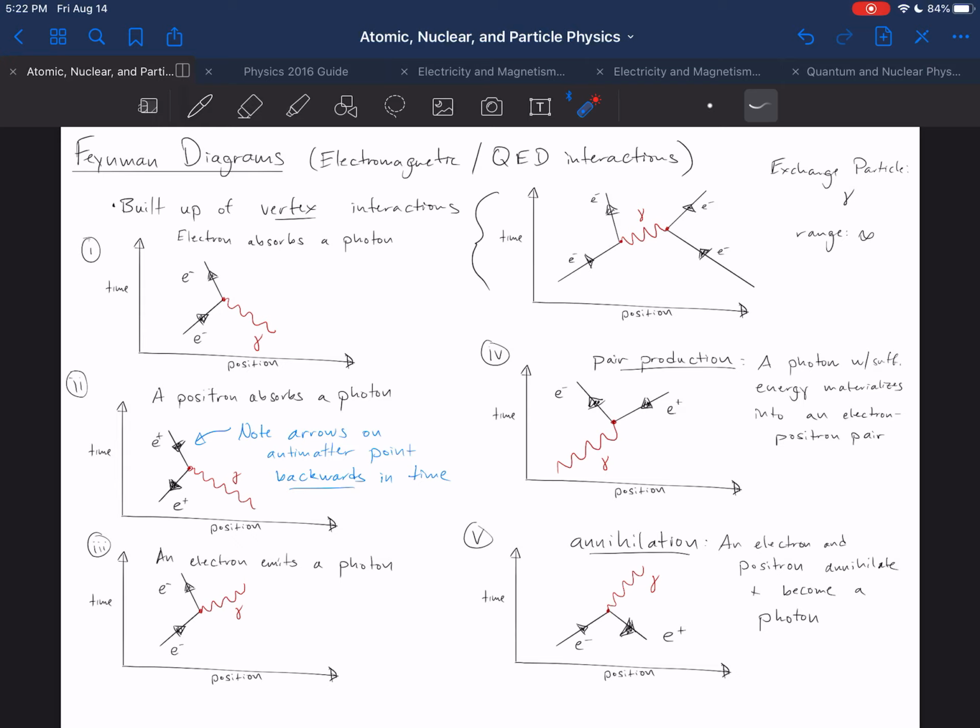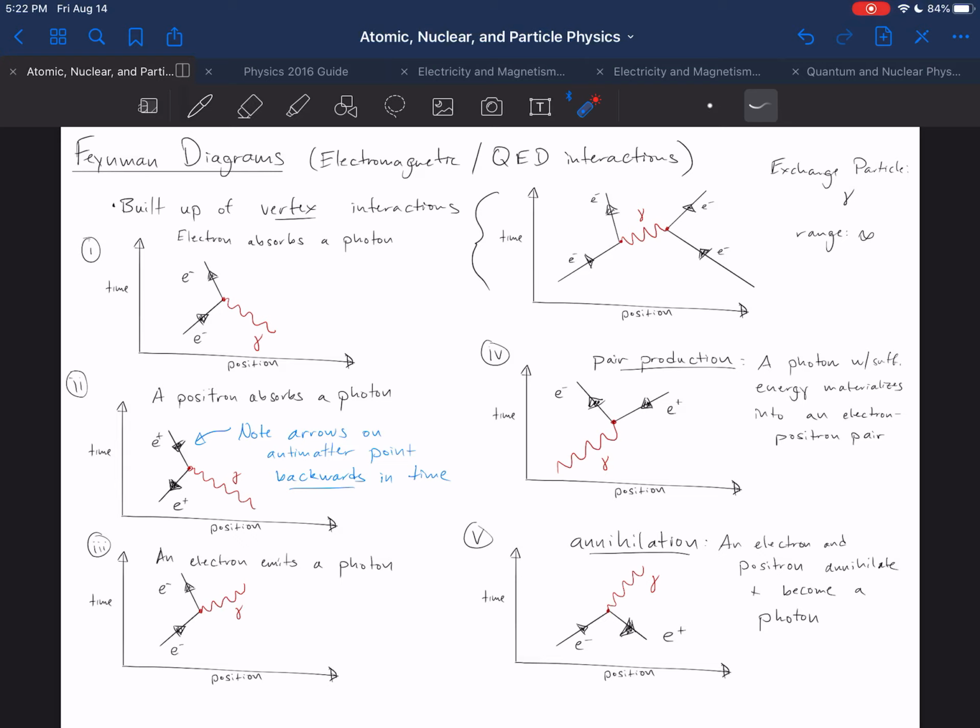And in order to draw these Feynman diagrams correctly, you need to reverse the arrow on your antimatter particles. So the positron, which is the antimatter particle of the electron here, is also absorbing a photon. And notice that we got from this first diagram to the second one by reversing the direction of the arrows here.